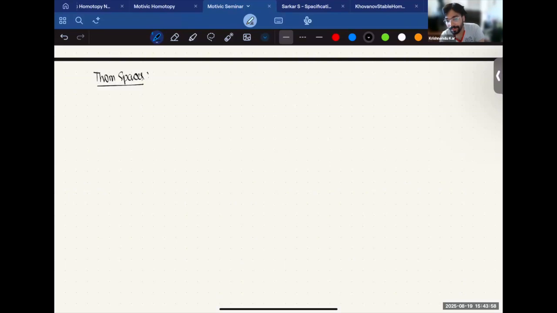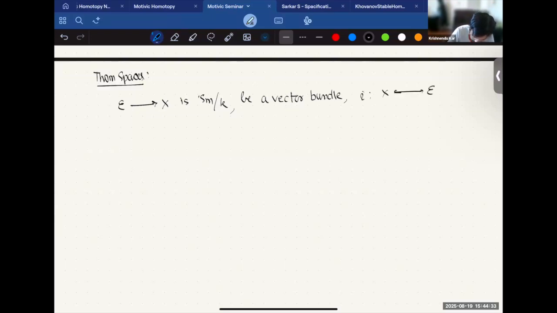But here is the analogous version for smooth schemes, and you associate the Thom space in an analogous way. So if you have a vector bundle in your smooth schemes over K, let's specify a zero section i such that X maps to E, the zero section.